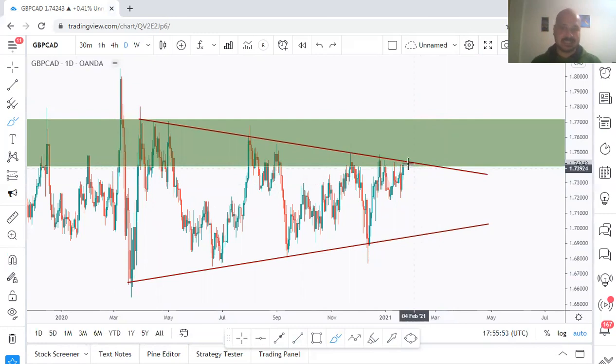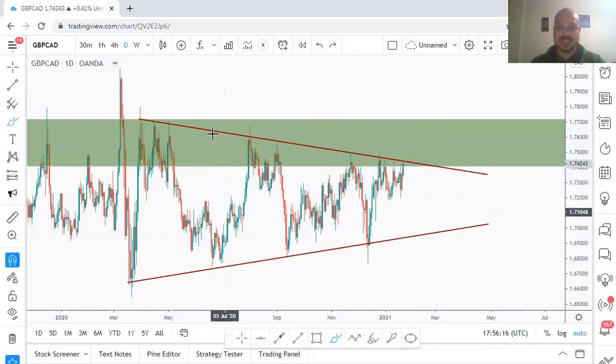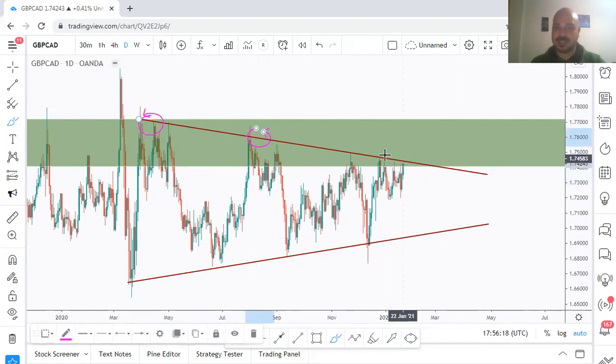For now, we're only interested in selling GBP CAD as long as it's sitting around this resistance and brown trend line. But we know from daily that since price is sitting around here, price might reverse from here. And price may not go upward just like what it did before going down, because the highs seem to be getting lower and lower, right?